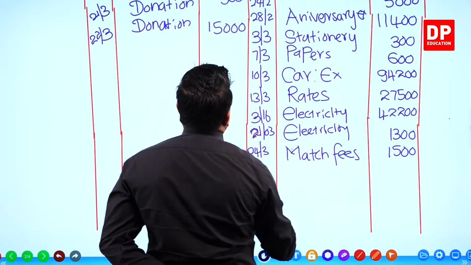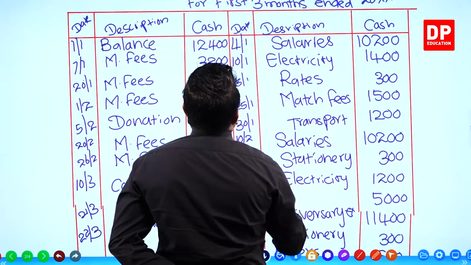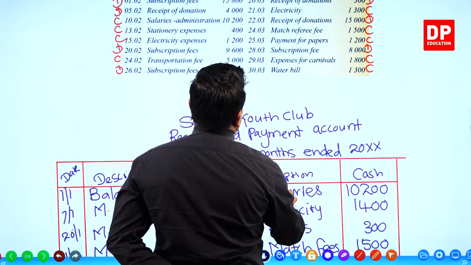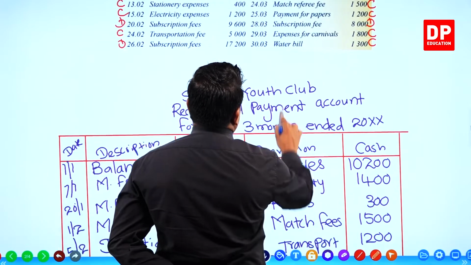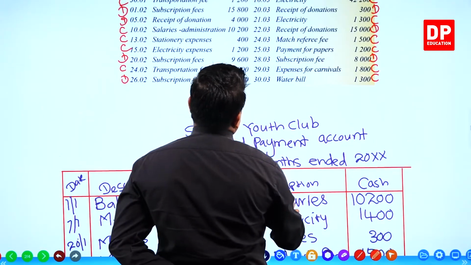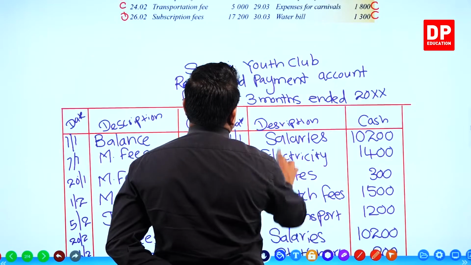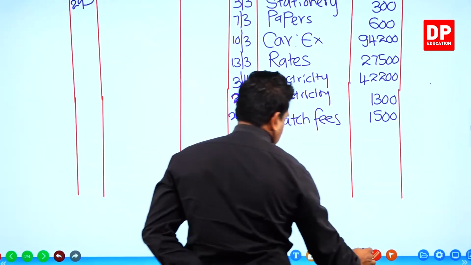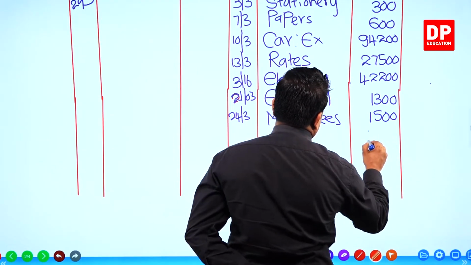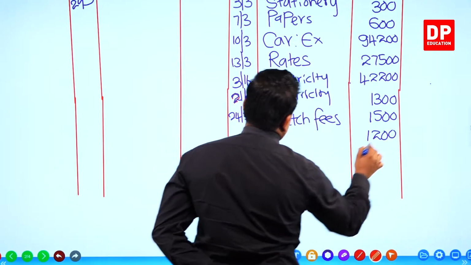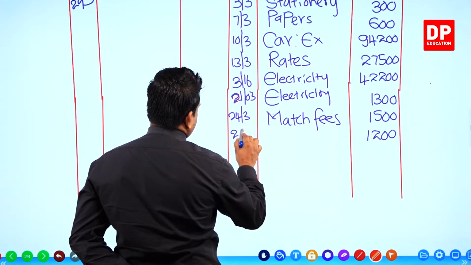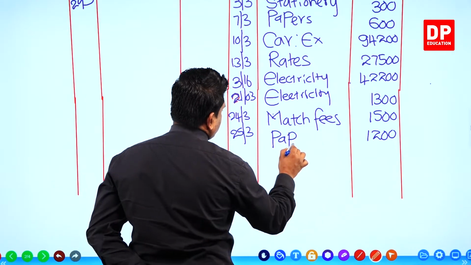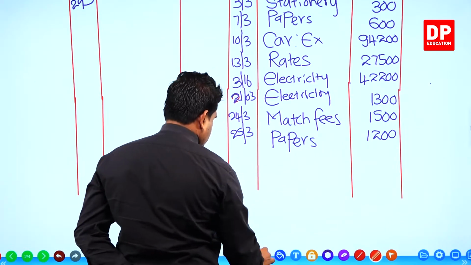Next, payment for papers 1200. It's 3/25, papers, right? Papers.